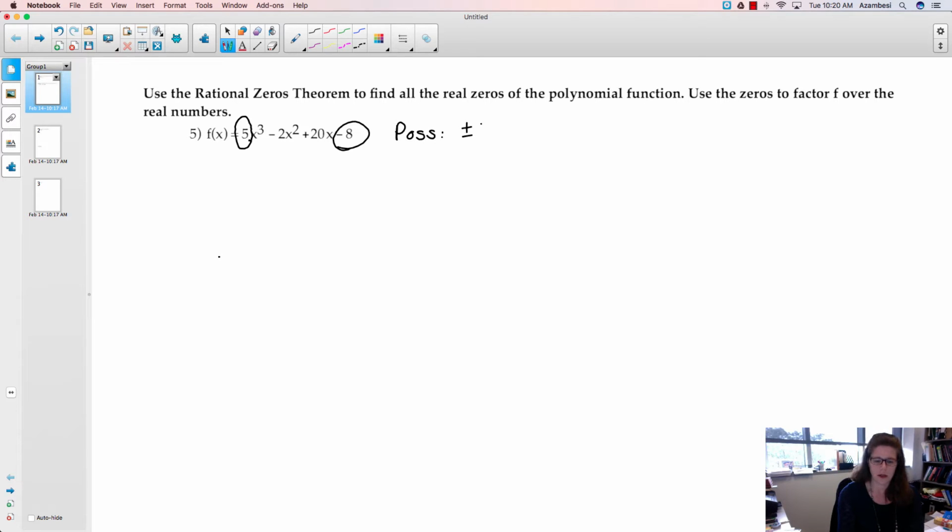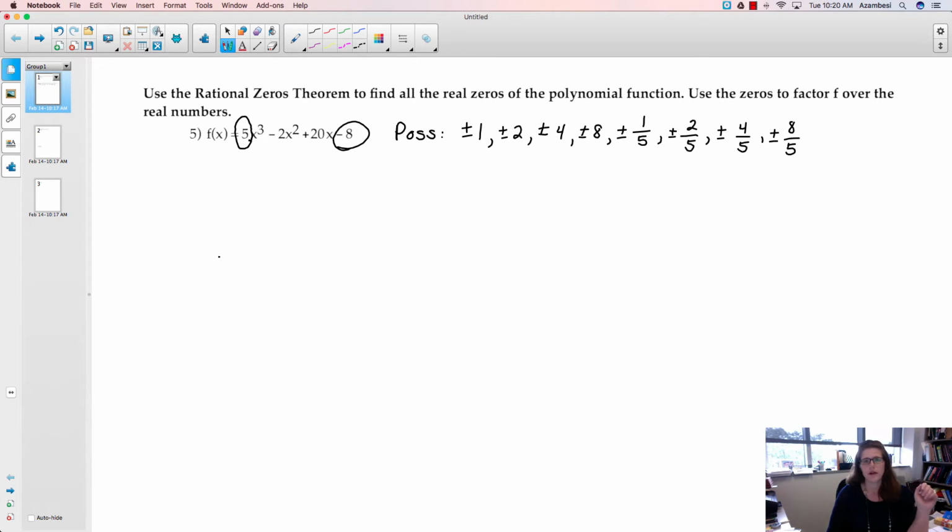So I have plus and minus 1, plus and minus 2, plus and minus 4, and plus and minus 8, and all of those in combination with the 5. So plus and minus 1 over 5, plus and minus 2 over 5, plus and minus 4 over 5, and plus and minus 8 over 5.